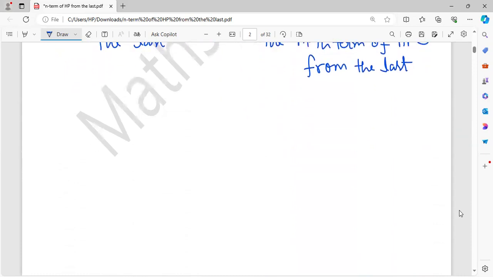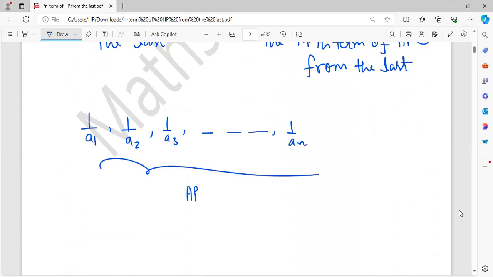Now how to find the mth term of AP from the last? Suppose this AP is given. We have to find the mth term from the last of this AP.